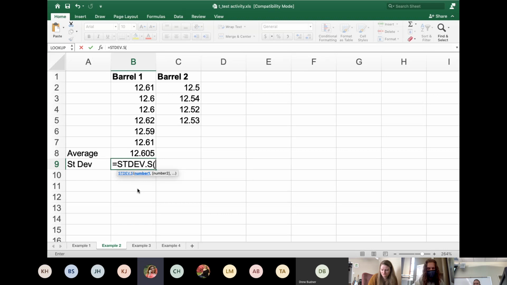Can you show me B15 again, just your confidence interval? So it's the t value times the s value, the standard deviation, divided by the square root of the number. Can you see that? Yeah.